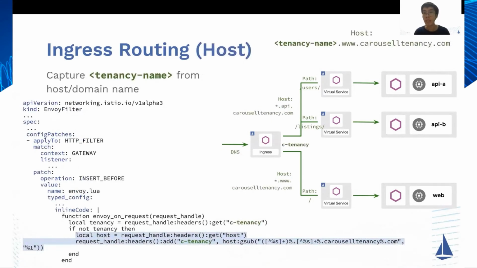Maybe you will notice one thing. How can we access the web or front-end website from a browser? Because we always need to inject the C tenancy header when we want to make a call to services or applications in a different environment.